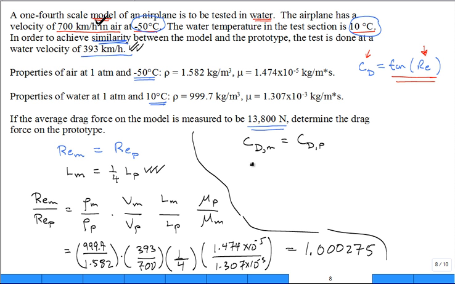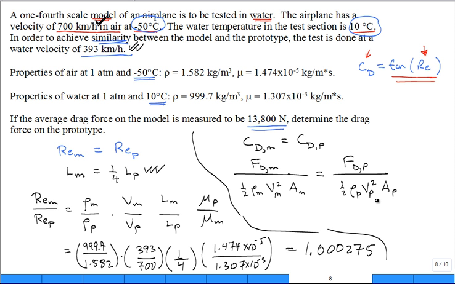It would be the force of drag on the model divided by 1/2 rho of the model, the velocity of the model squared, times the area of the model, equal to the same for the prototype. Force drag prototype, 1/2 rho prototype, velocity prototype squared, area prototype.